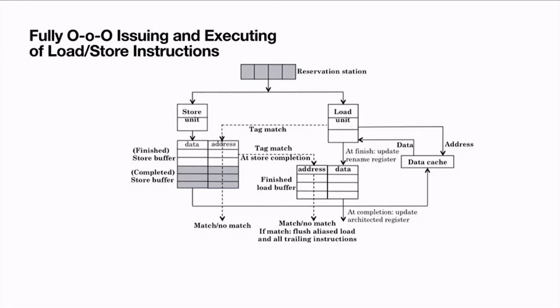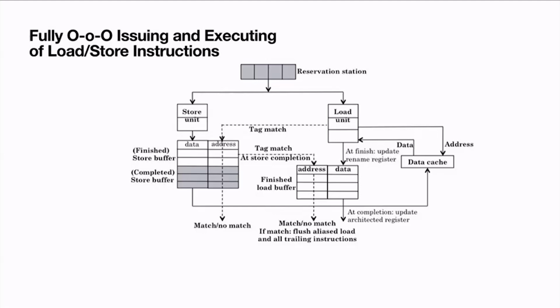So if there is a match with the tag address with one of the addresses of the loads in the finished load buffer, we need to flush this particular load, and also all the trailing instructions that consume this load.